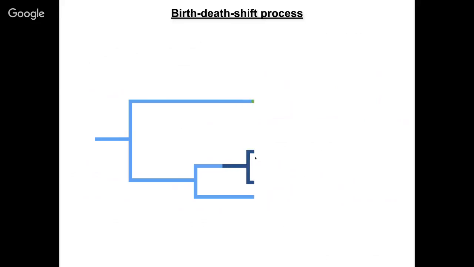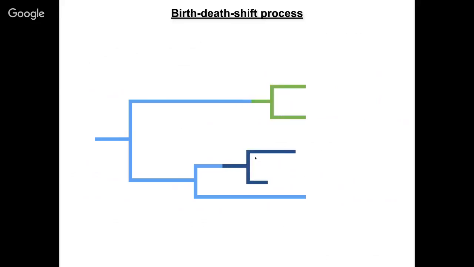So now I'm going to the main part of our latest work, which is the birth-death-shift process. We call it the birth-death-shift process because it's shifting between different diversification rates. So we assume now that the lineage starts in a blue rate category, which is, for example, a slow rate category. Then there are speciation and extinction events.